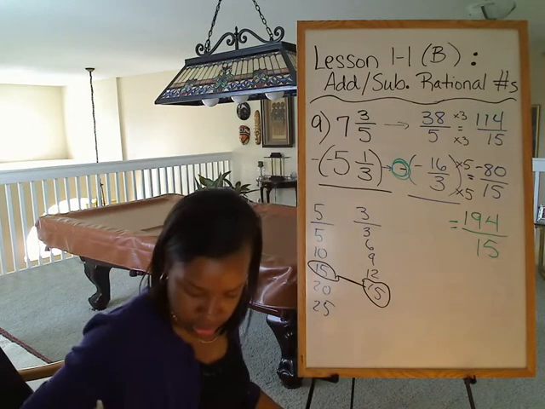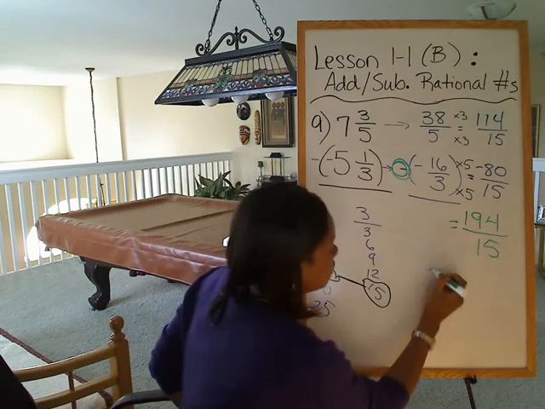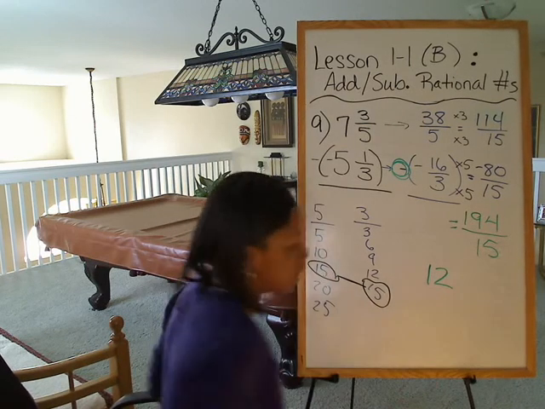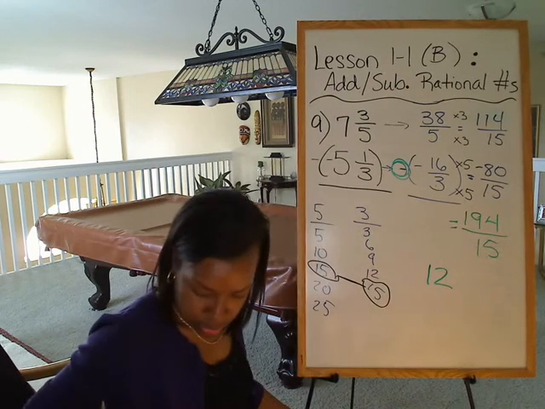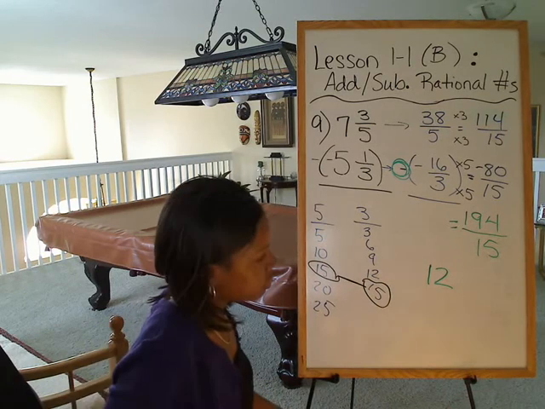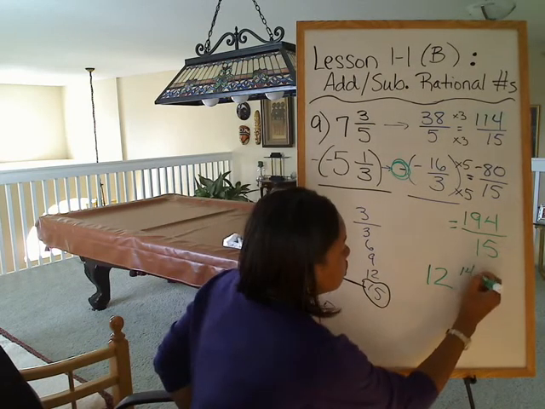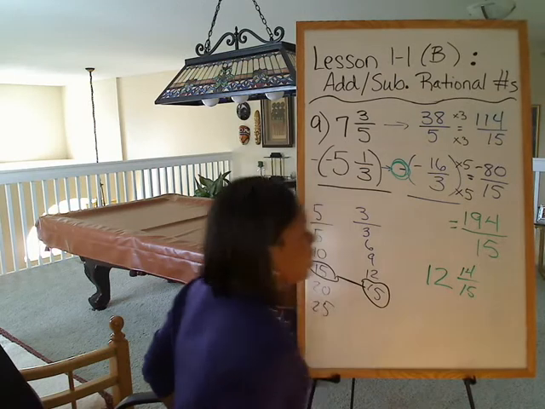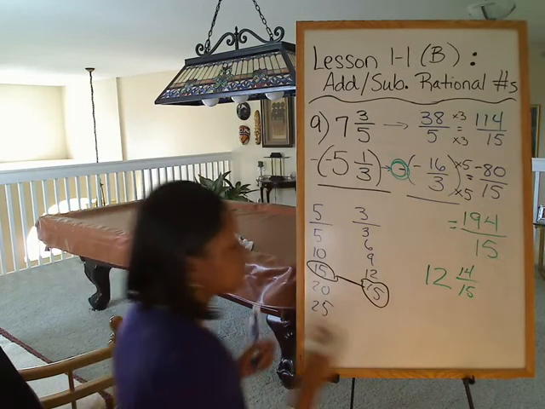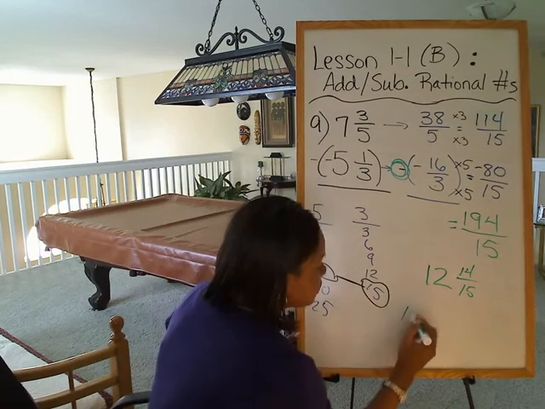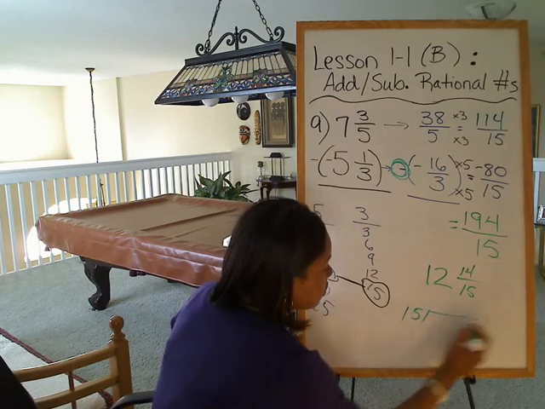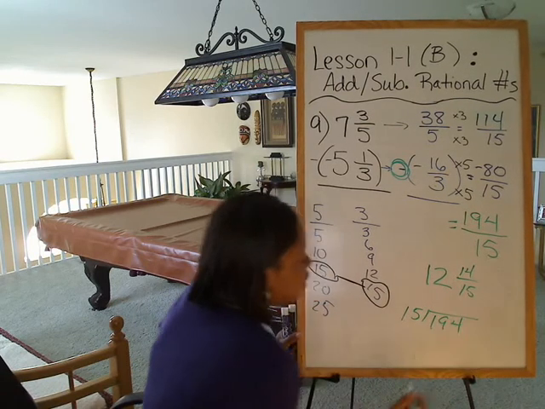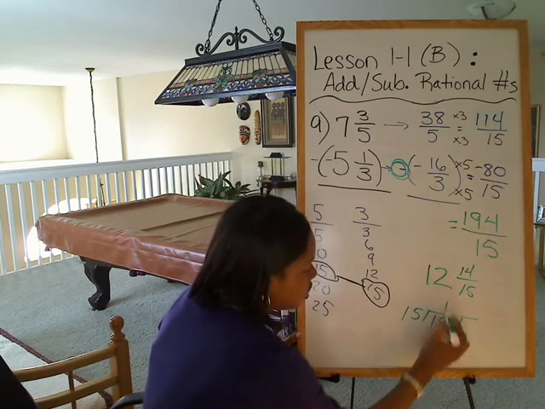So 15 goes into 194 12 times. And how much is left over? 14. And if you have no idea how I did that, then you can just do it the long way. 15 goes into 19 once.